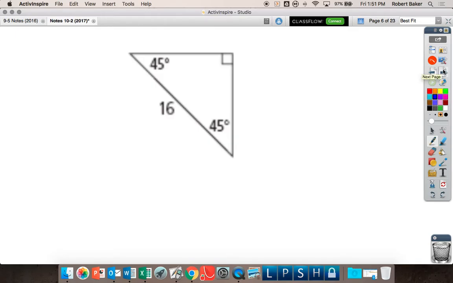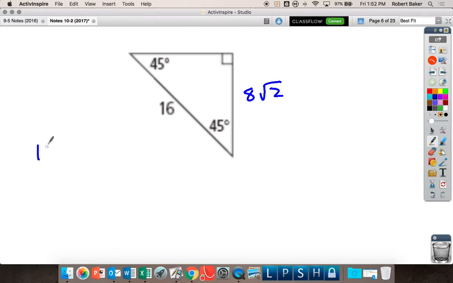Okay, here we go. There's a 16 on the hypotenuse, so what should you expect to see on the leg? You should expect to see that what thing? There should be a square root of 2 here. And we just did the trick. I don't know, let's check and see if it is 8 square root of 2. Because 8 times 2 is 16, right?